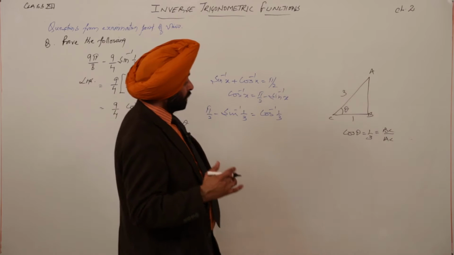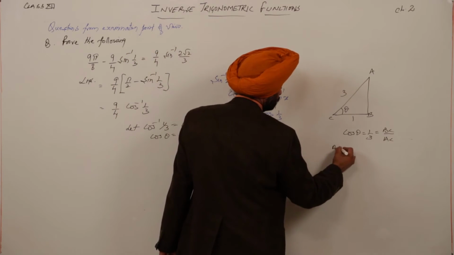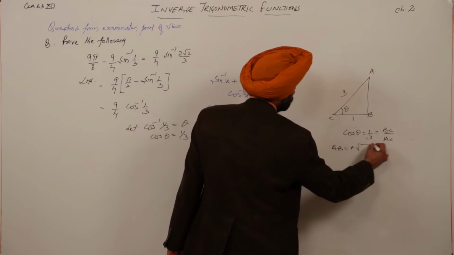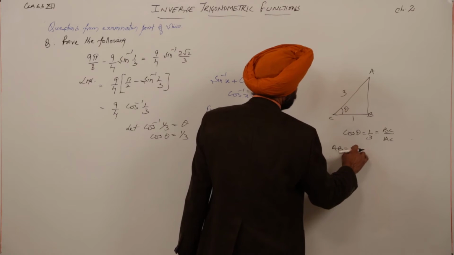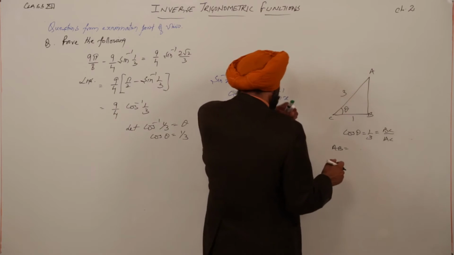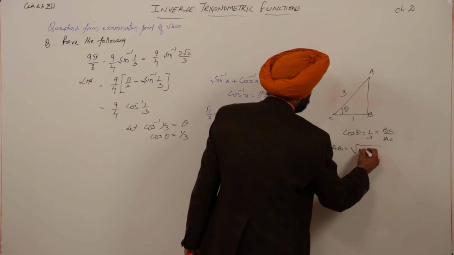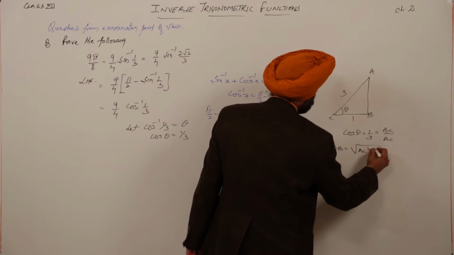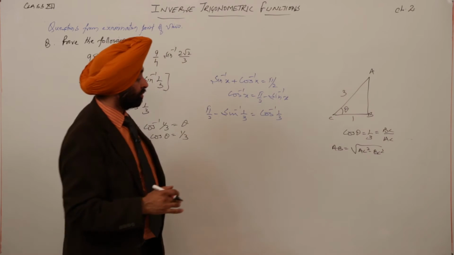Okay. Now how to find AB? By using the Pythagoras theorem. AB is equal to under root AC square minus BC square, the square of the hypotenuse minus the square of the base.